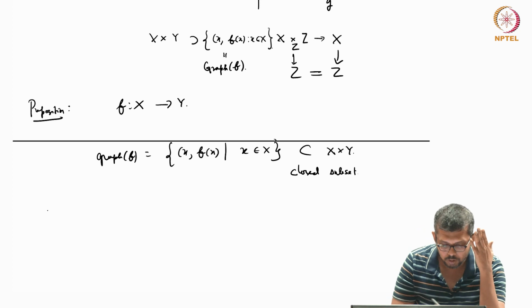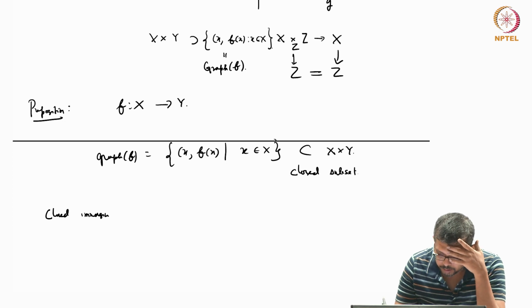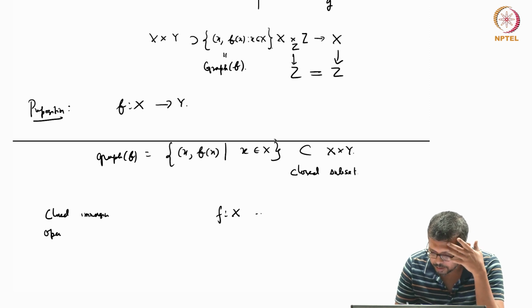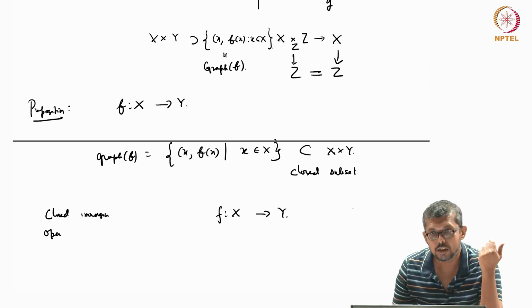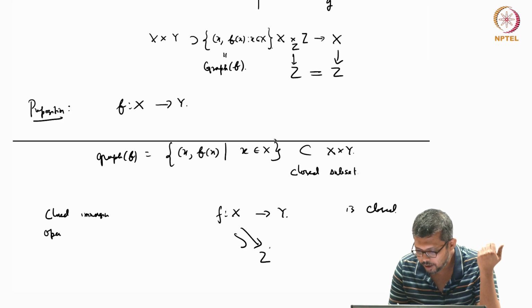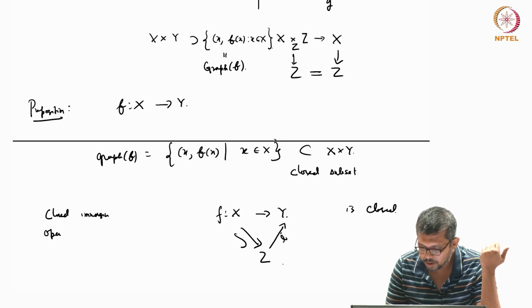So you remember what is called closed immersion and open immersion. If you have a map of varieties, say X to Y, this is a closed immersion if it factors through, injectively, and the image is a closed subset.